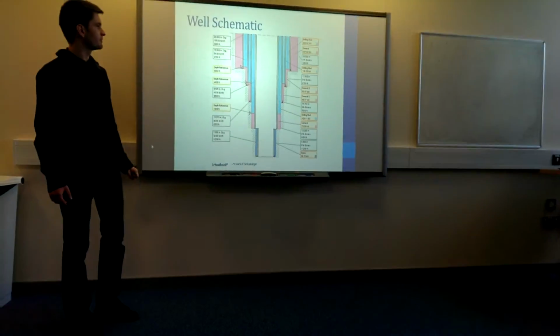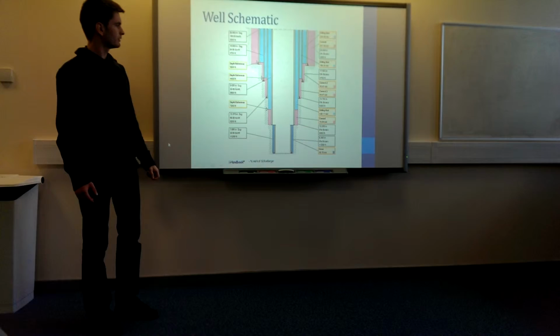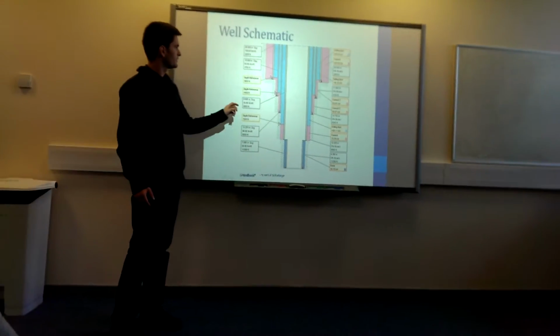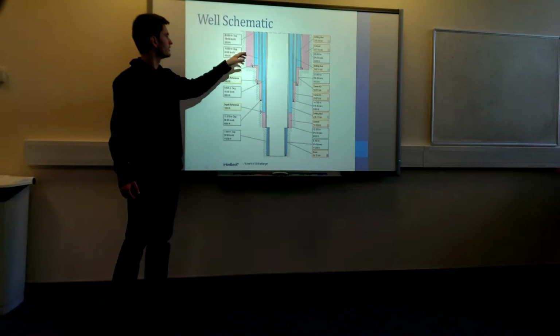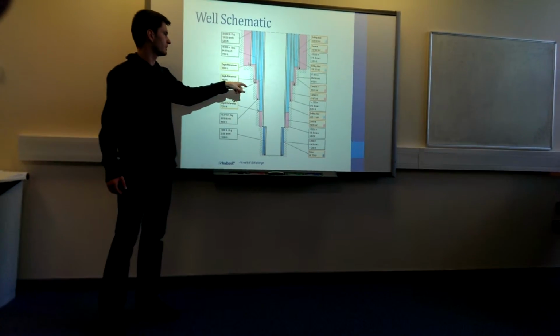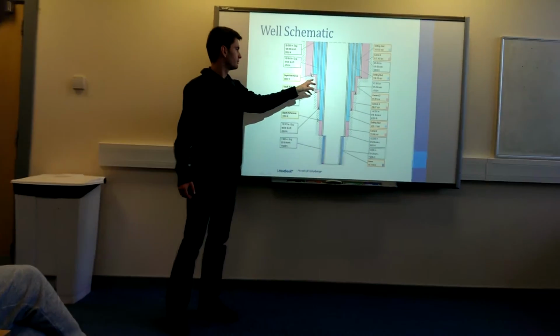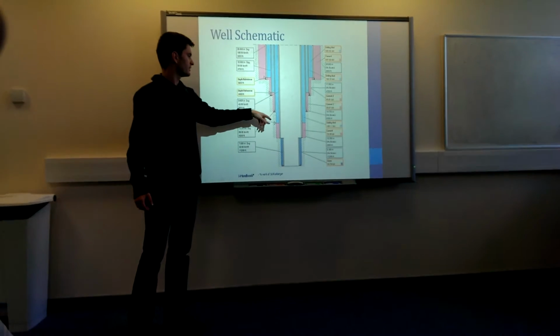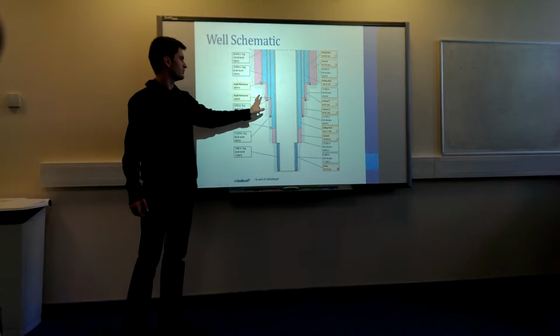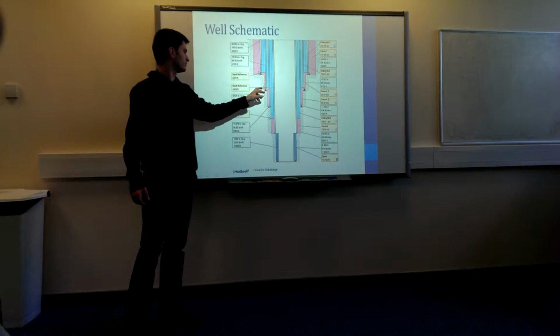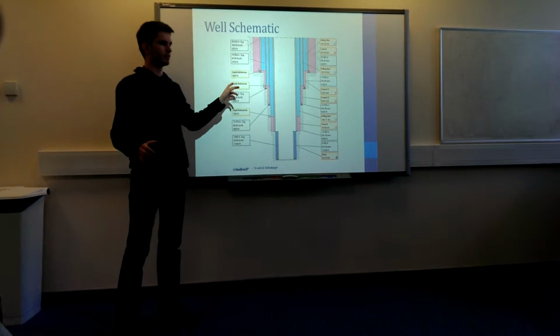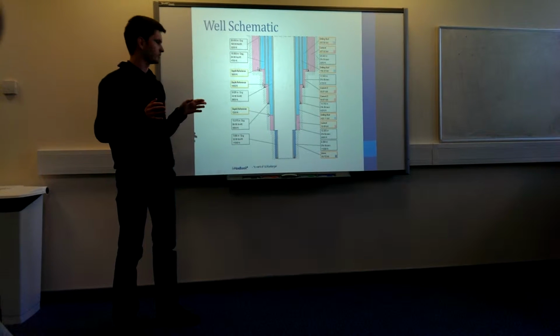Here is the overall schematic of the well, where we can see that the conductor is not shown because it's just 300 feet, and the surface casing is cemented up to the mud line. The first and second intermediate casings are cemented just inside the previous casing, for around 200 to 300 feet, to provide additional structural support.